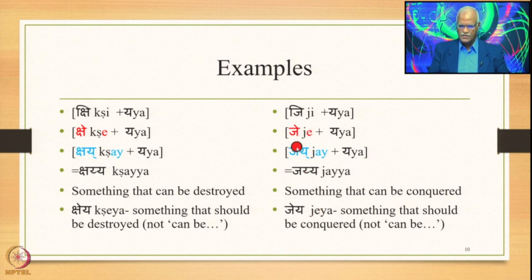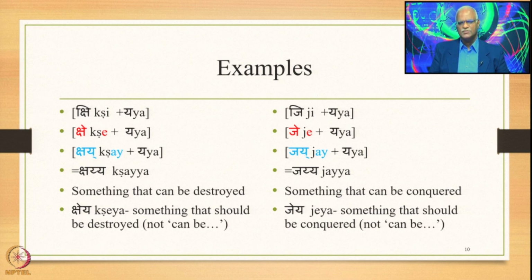If we stop here, because there isn't any other rule that applies at this particular stage, so the finally derived output would be jaya, but then that would mean something that should be conquered, and jaya would not mean something that can be conquered. There is difference of meaning, the shade of these meanings is different. Something that should be conquered and something that can be conquered.